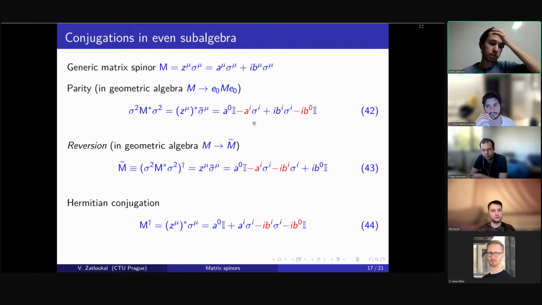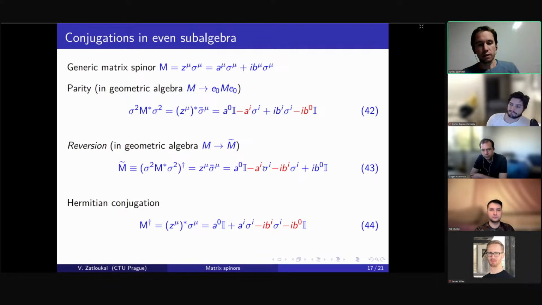This parity transformation flips the sign of each spatial vector, and this is the result. And here we have the way to write it in terms of this 2x2 matrix. For the so-called reversion in geometric algebra, we have n tilde, which is this parity followed by Hermitian conjugation, and again it flips the sign.